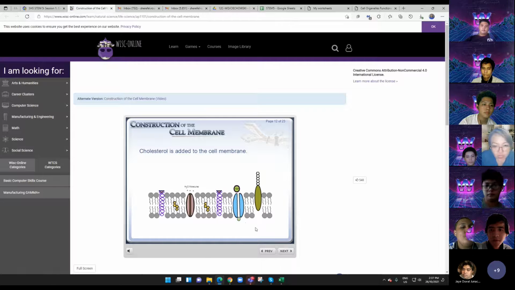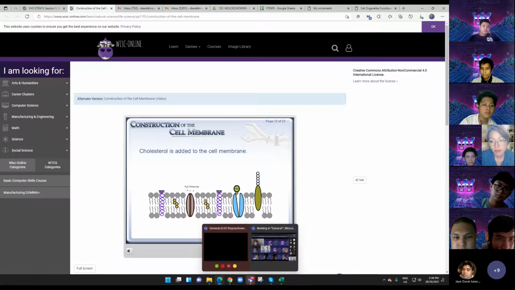So this structure of cell membrane comprises the word fluid mosaic model. Why? Because again, fluid, because this layer will mix with the water outside the cell, and this layer will mix with the water in the cytoplasm of the cell.